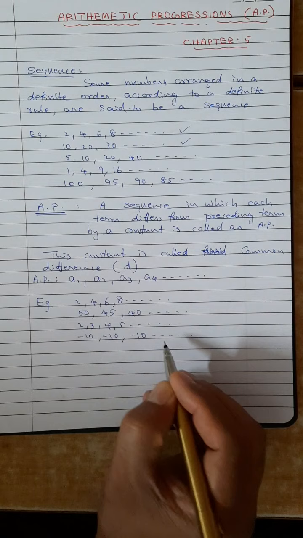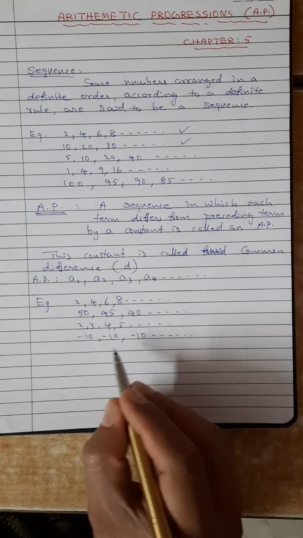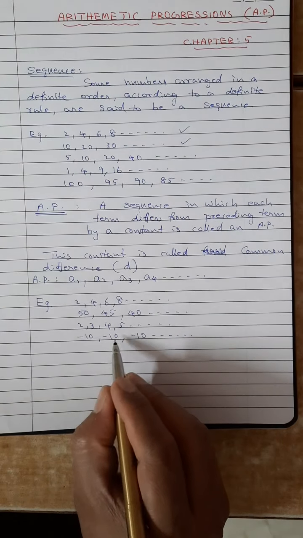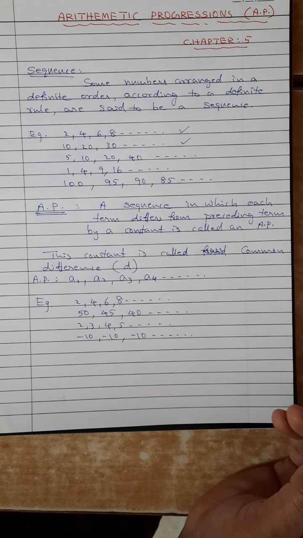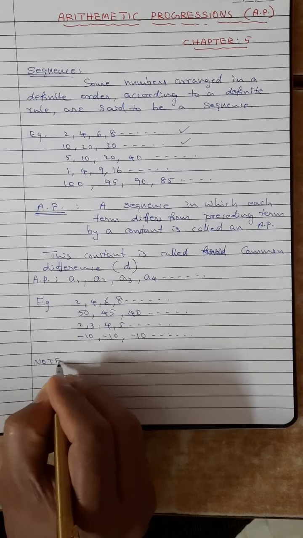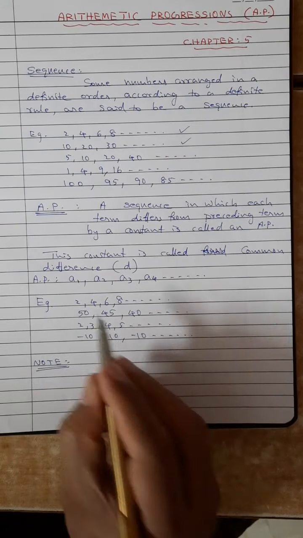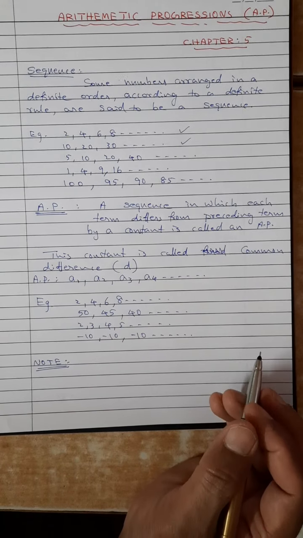The numbers are the same, but still, if somebody asks is it an AP, yes, because 0 is added. Plus 0, another one, again plus 0, next time, etc. First term a1, second term a2, third term a3, etc.